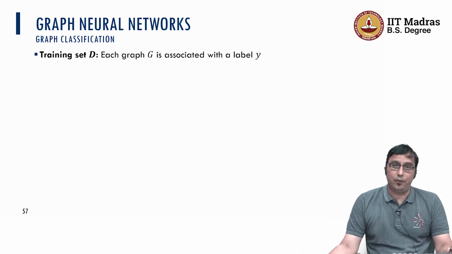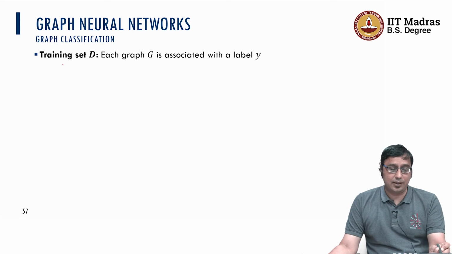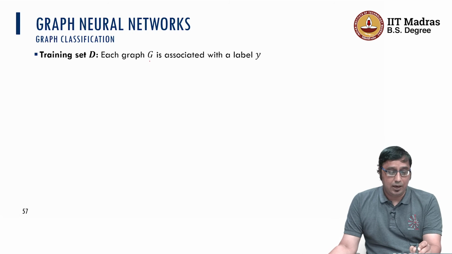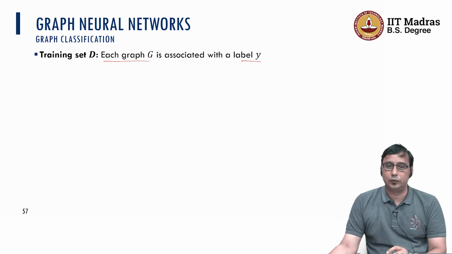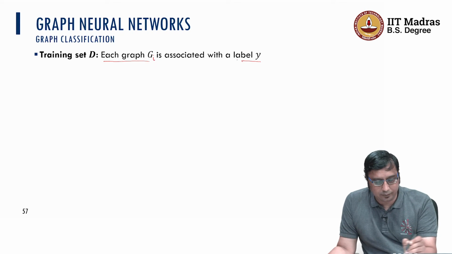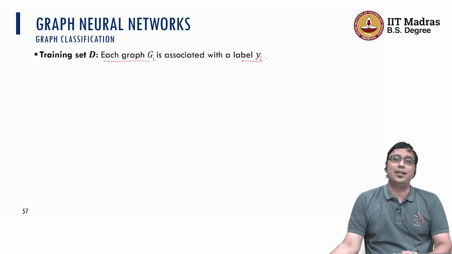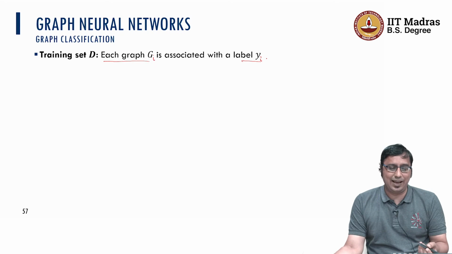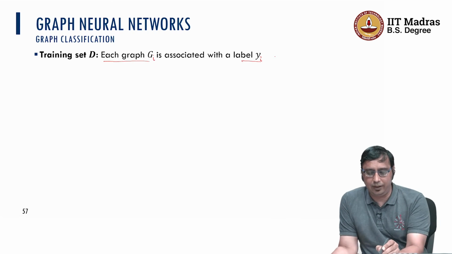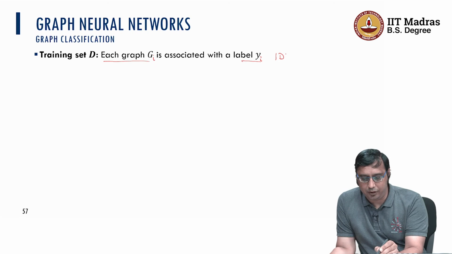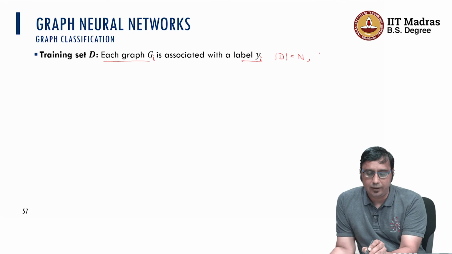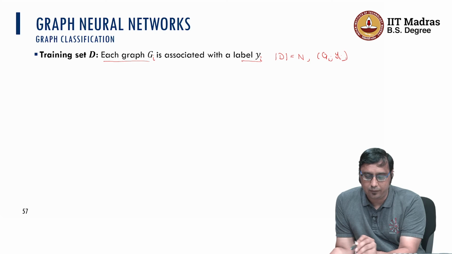Here, what we have in the training dataset D is each graph G and its associated label Y. I can write it as G_i, Y_i, where i indicates a data point. Let's say there are n data points in D, so the cardinality of D is n, and we have data G_i, Y_i where i is equal to 1 to n.